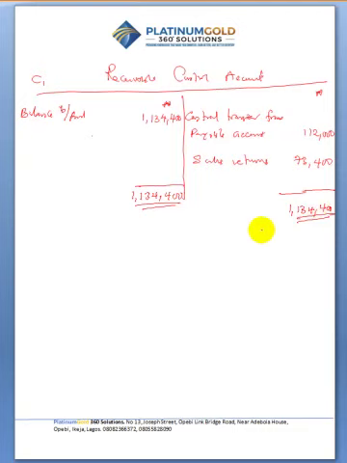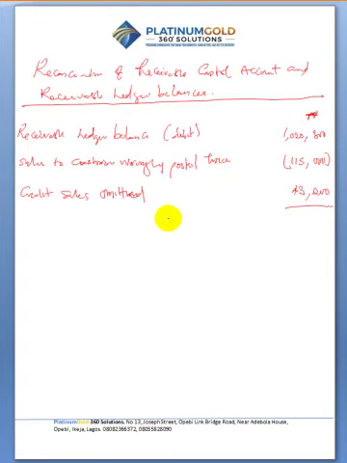We have a balance carried forward, balance brought forward. The balance is 949,000. Okay, reconciliation. Let's see the reconciliation.